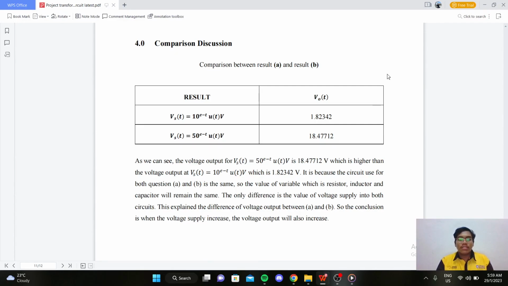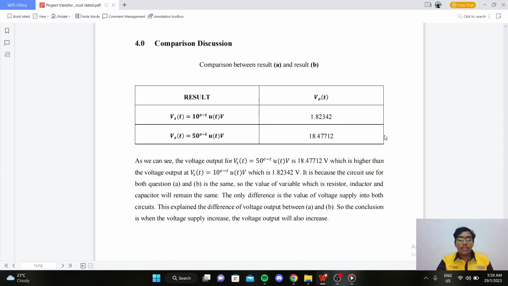Okay, so next is the comparison discussion. The first comparison is between result A and result B. This table shows the result that we get for A and B from manual calculation.